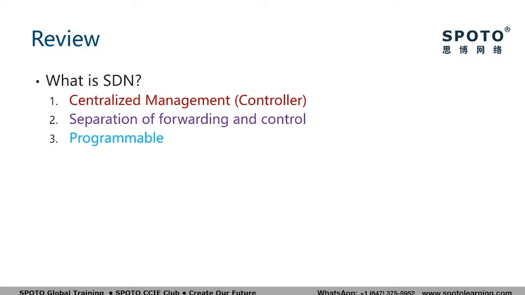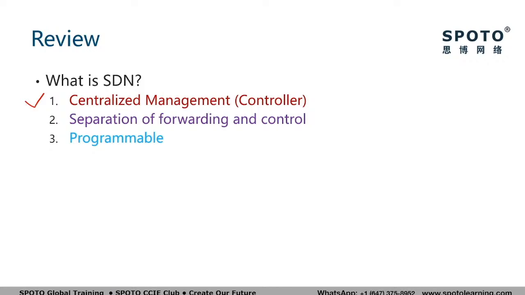SD-WAN is one type of SDN. They have similarity. They both have a controller, the centralized management. For example, in SD-Access, it has DNA Center as the centralized management.